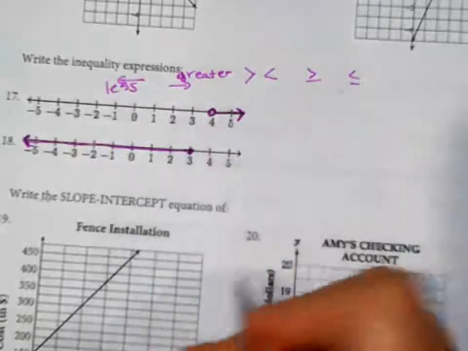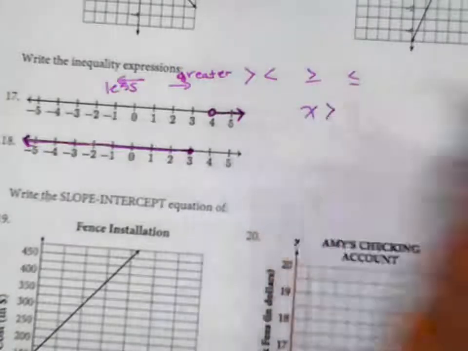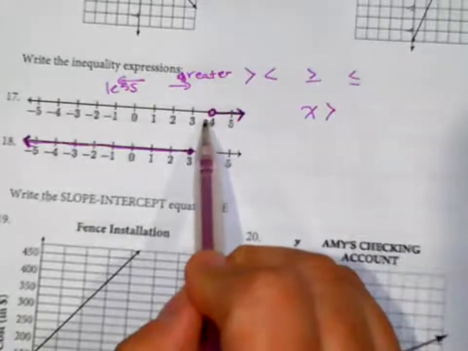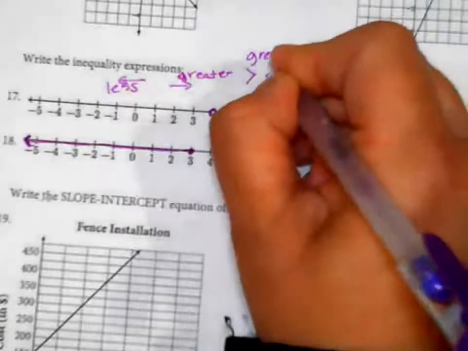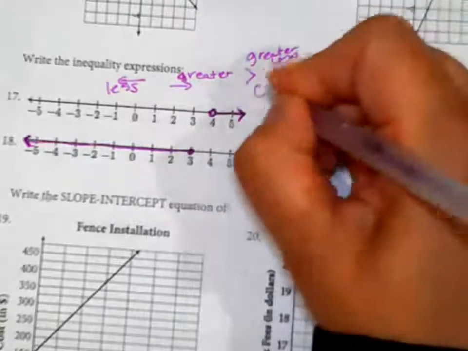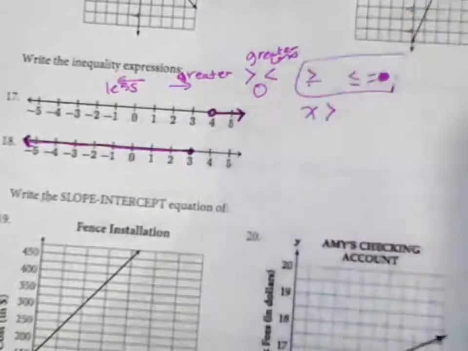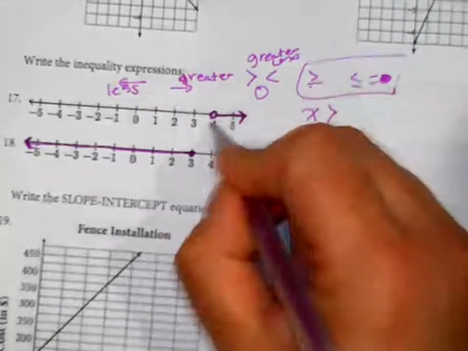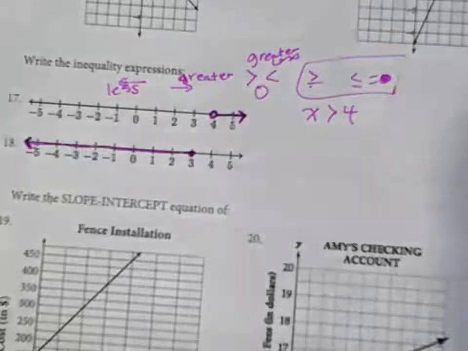I'm going to call it x. For a question like this, it's x is greater than, because it's an open circle. Remember, this is just greater or less. That's an open circle, and the closed circle is the equal to's. So this one is x is greater than 4. That's it. You're just looking at it and telling me what the inequality is.